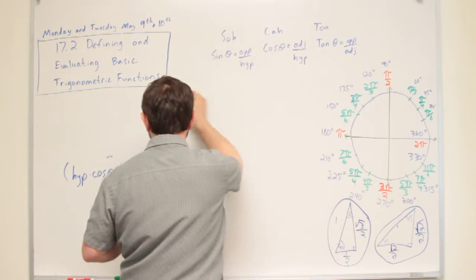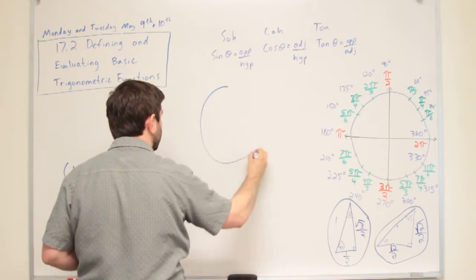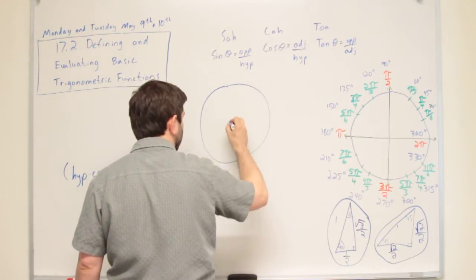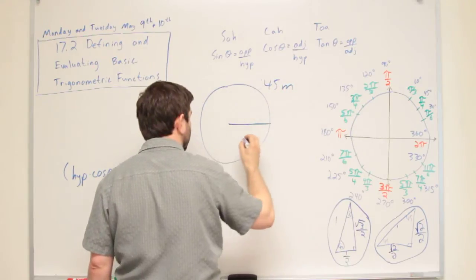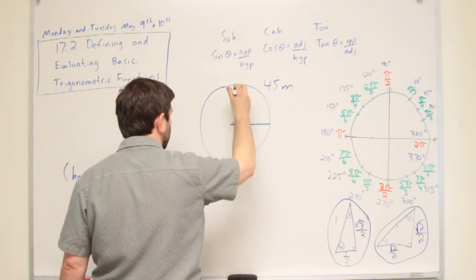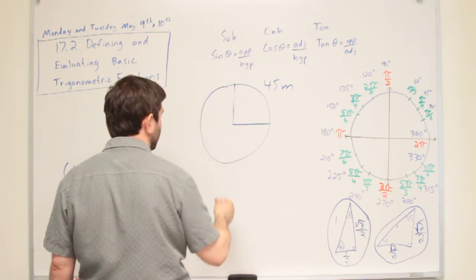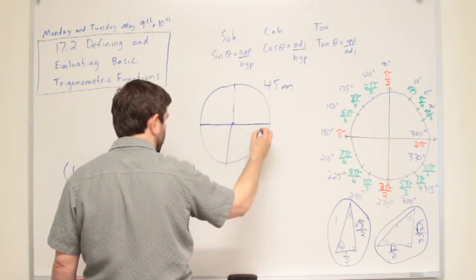Story problem says we've got a Ferris wheel, and it has a radius of 45 meters. It's got 24 spokes on here. This is centered at the origin.